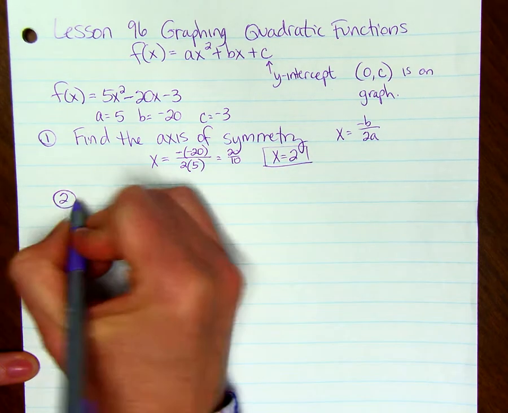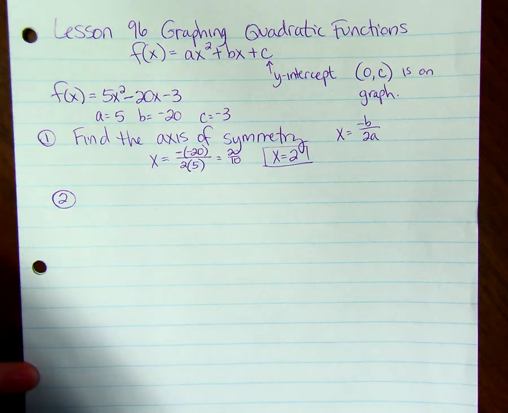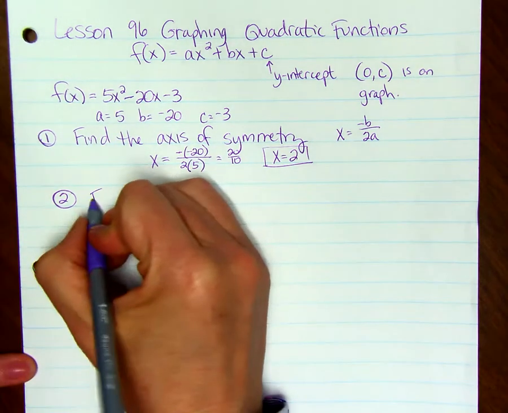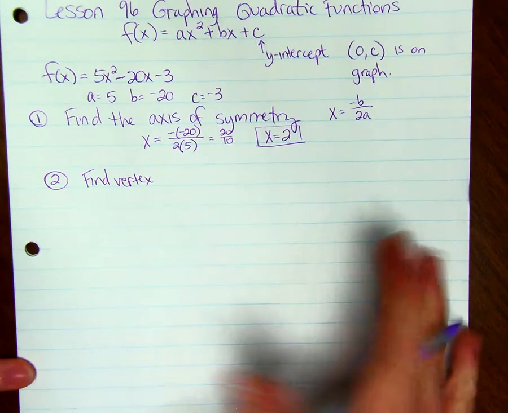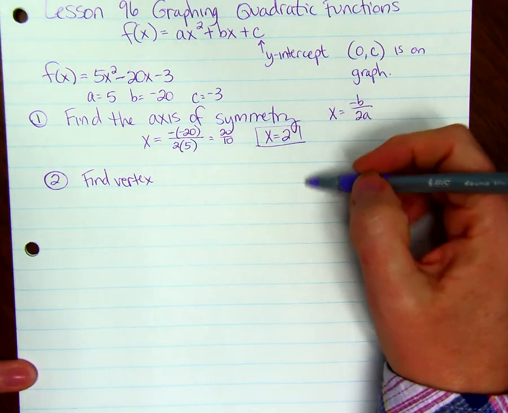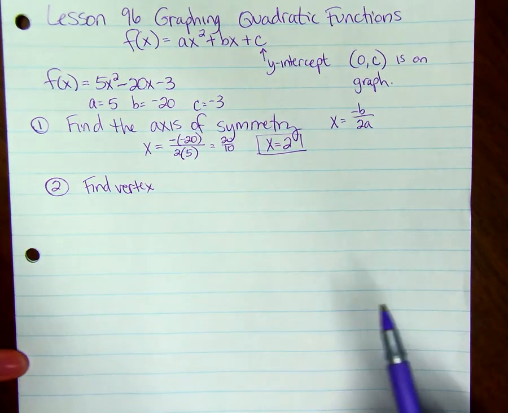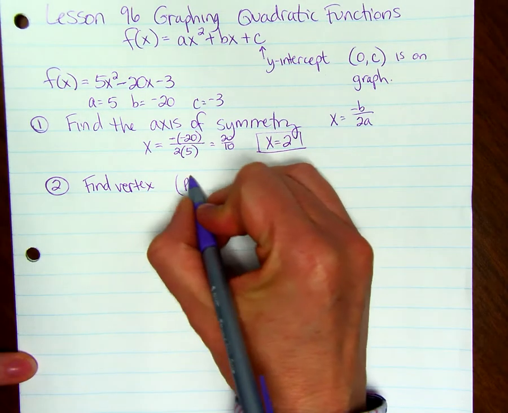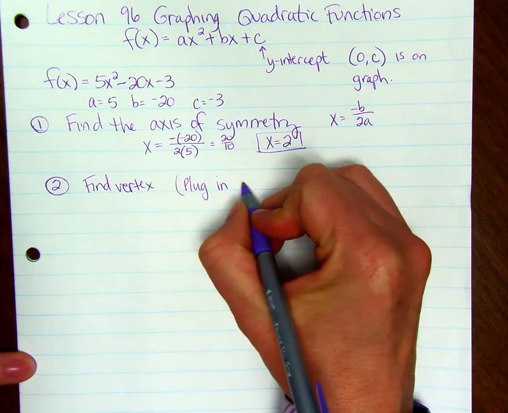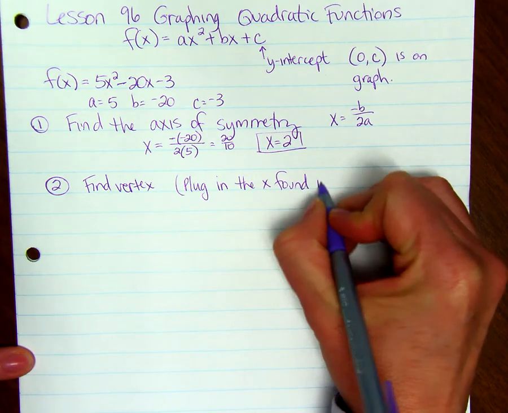Step 2, we're going to find the vertex. The vertex of the parabola will be right on that vertical line at x equals 2. The way we do that is we plug in the x that we found in step 1.